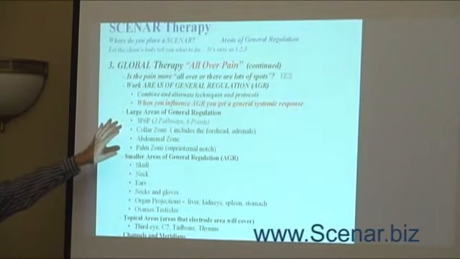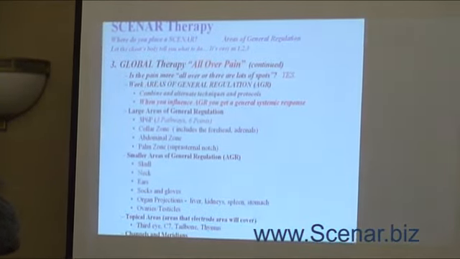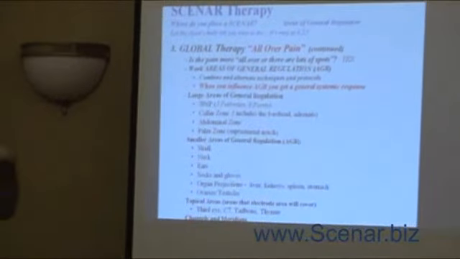We'll talk about the 6 points of the face, the collar zone, which is just as you would expect, this top zone, the abdominal zone, because there are so many things in the abdomen that you can treat by doing something like an abdominal spiral technique. Palm zones, the size of your palm, the sacrum, so these two.